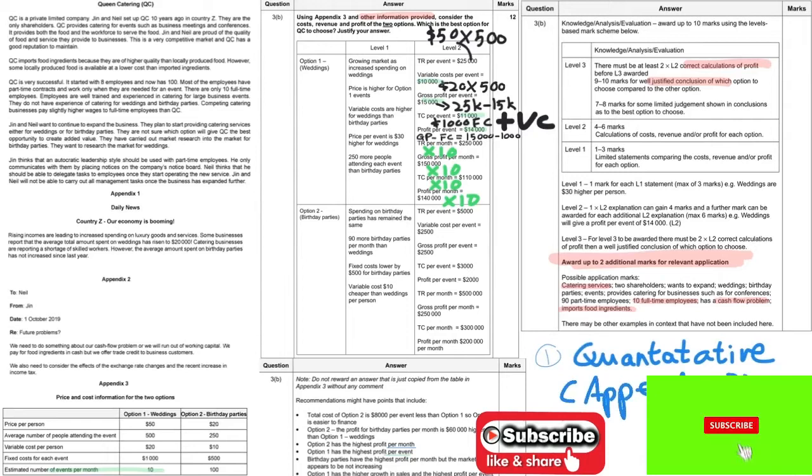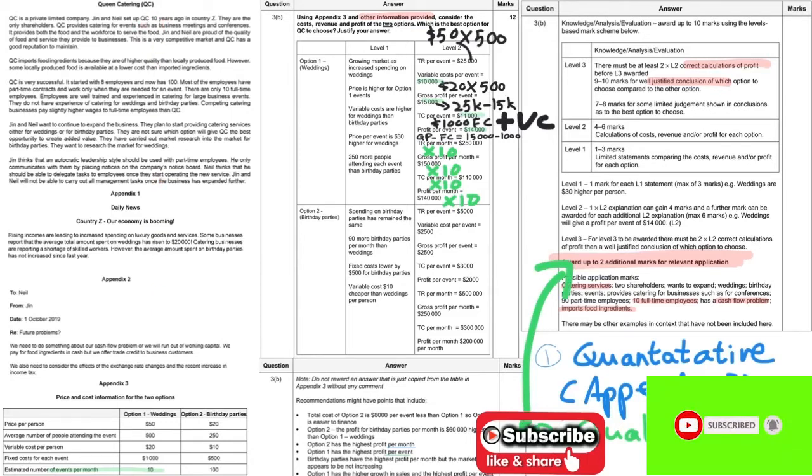Then we have quantitative analysis. Next, we have to make use of qualitative. So you can have this qualitative stuff here. You have to go back to the paragraph to check out the relevant information.